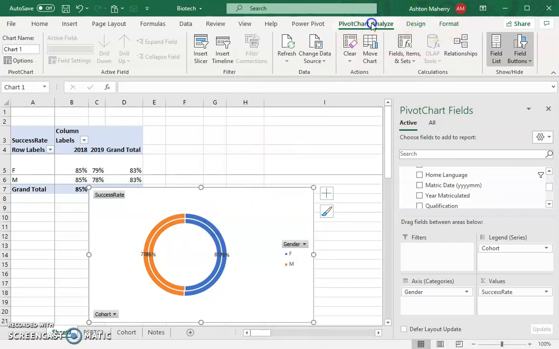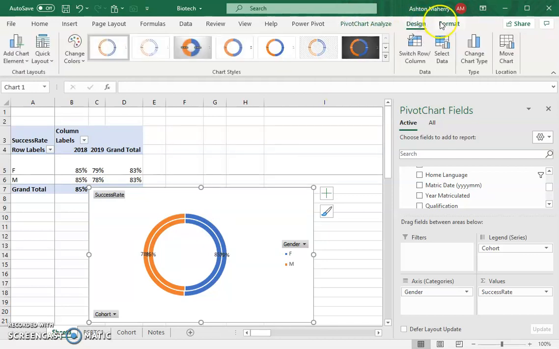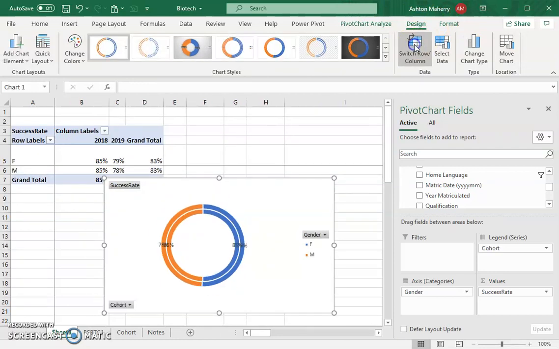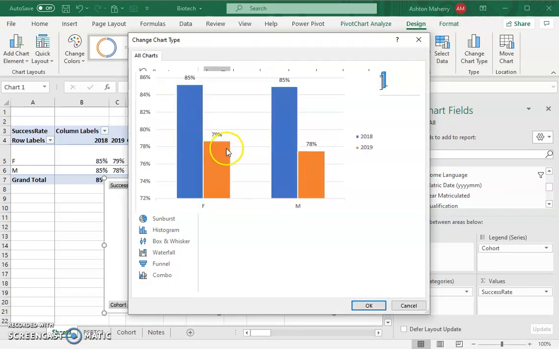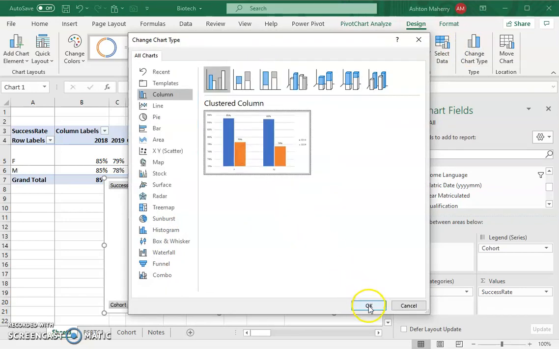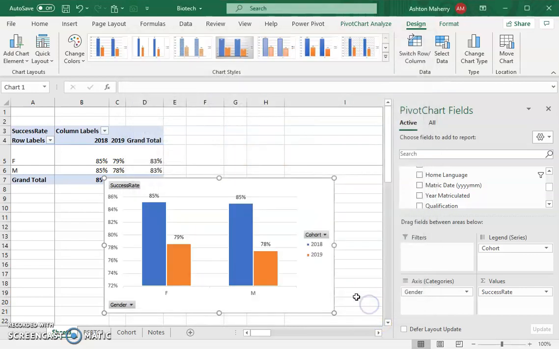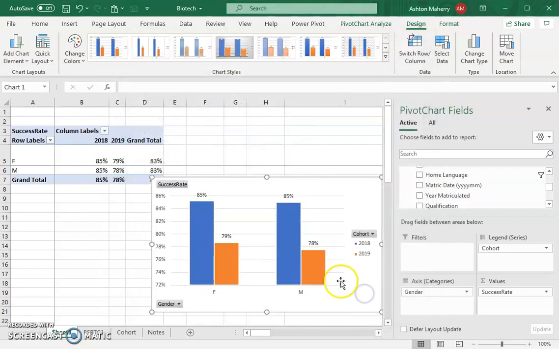However, if we go to the pivot chart, something to always do is just switch the rows and columns, right? But we can change the chart type. So let's go and put it over here. I want a column chart, and I'm going to go OK. So now it's showing for 2018 and 2019 the difference in success rates.